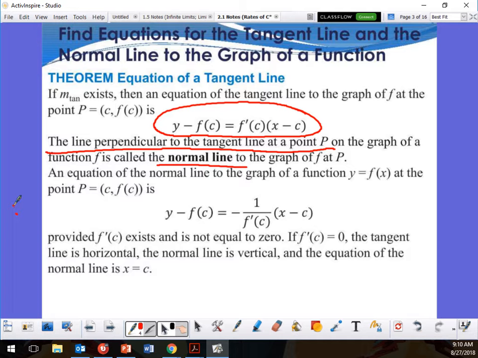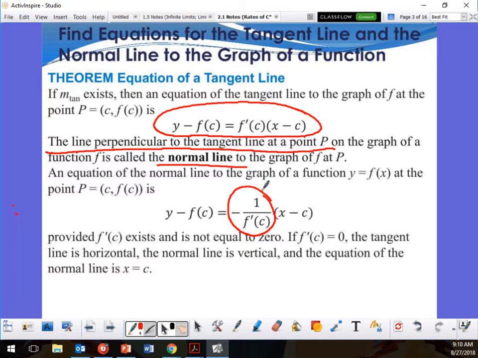Now, it's going to be called the equation of the normal line. It's the same thing. The only thing they changed is right here. It's the slope. It's just taking the reciprocal of the slope and the opposite. So, it's opposite reciprocal of the slope.